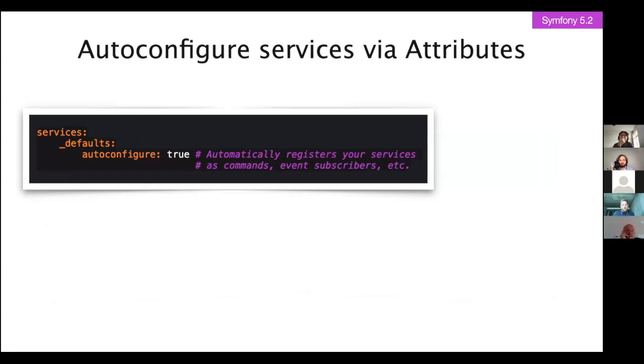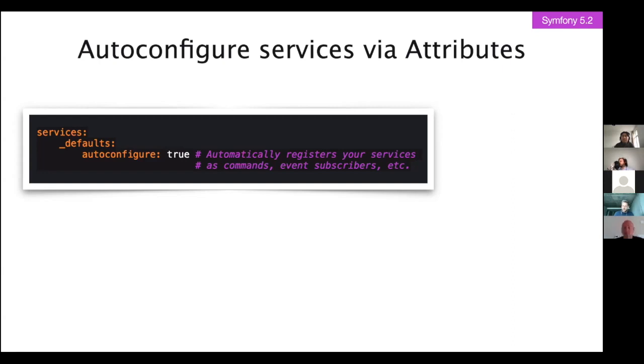So the next thing related to attributes is autoconfiguring services, which is now also easier with attributes. I just explained that when we talked about the command and event listeners. If you set autoconfigure to true, right, it will automatically tag some of your services.